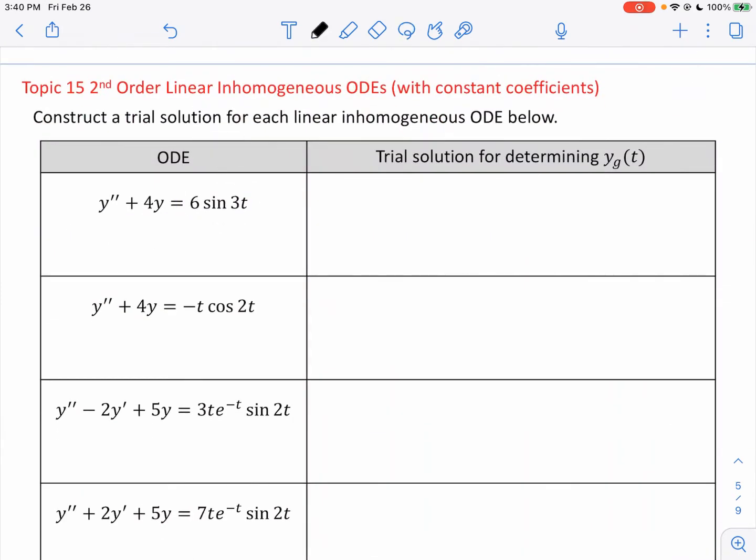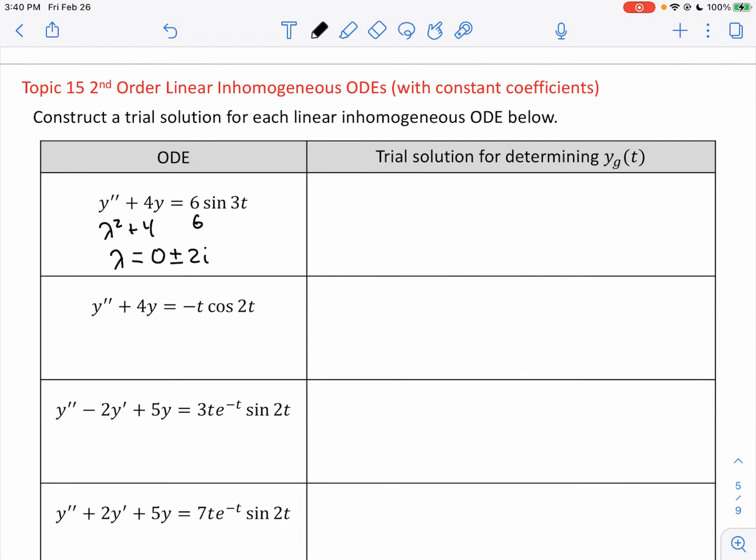Okay, now let's get the lambdas for this. This is going to be lambda squared plus 4, which when you solve it, you get 2 different lambdas. You get lambda is equal to plus or minus 2i. So I'm going to emphasize the 0 there. So our lambdas have the form 0 plus or minus 2i. The a is 0 and the b is 2. Well, look at our forcing function.